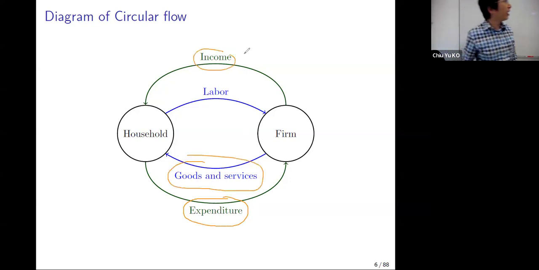These are the three ways. You may ask why labor cannot be measured, but you can. You work 10 hours, but the market value of that is not very clear. You can measure that you put in 10 hours and someone else puts in 5 hours, but adding up doesn't really make sense, whereas income you can add up. So although we have 4 lines there, only 3 of them are used to calculate GDP.